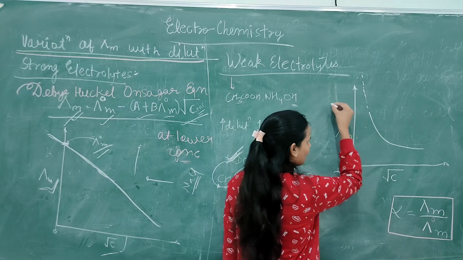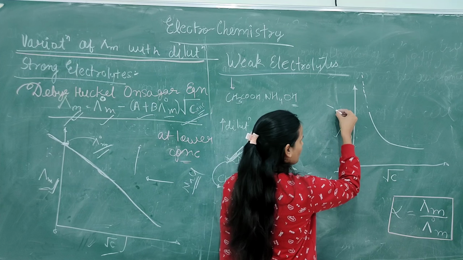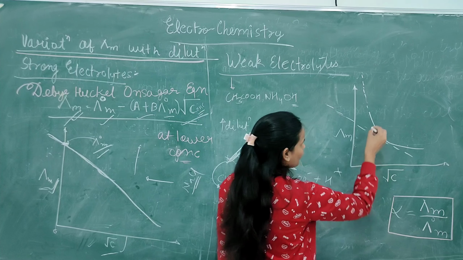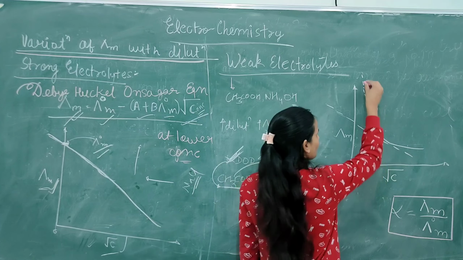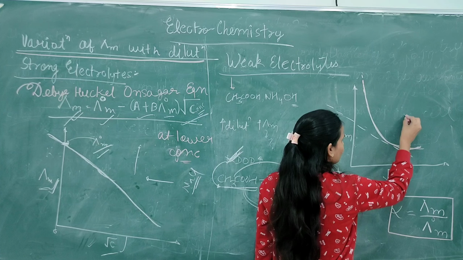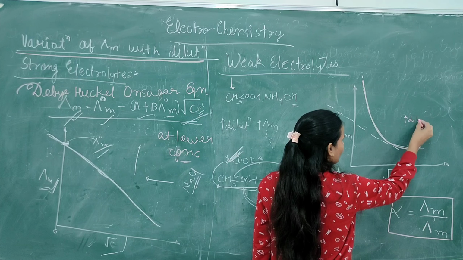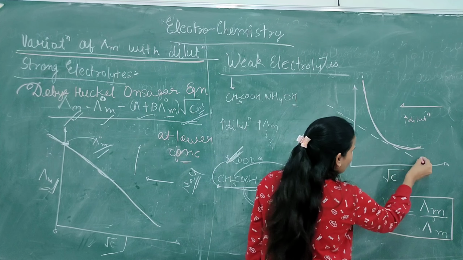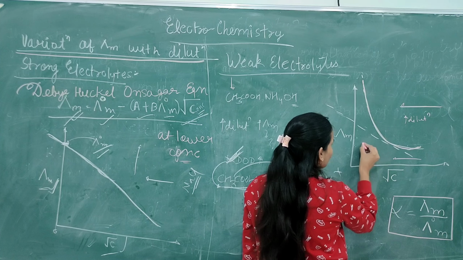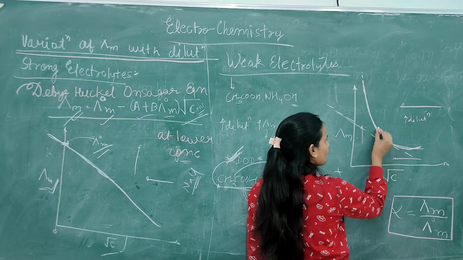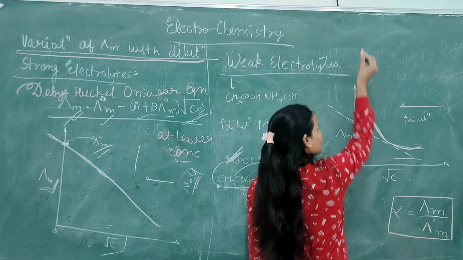For strong electrolytes the curve was like this, but here it is like this. With increasing dilution or decreasing concentration, the molar conductance is increasing, but not linearly; it is increasing exponentially.